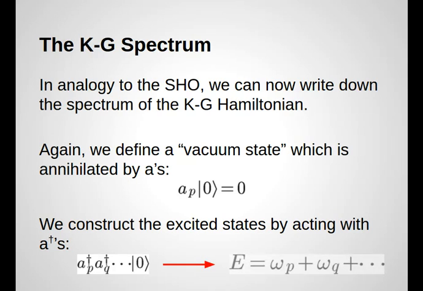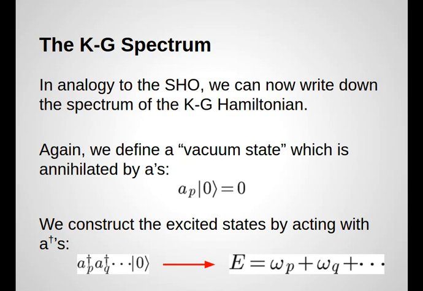If I construct some multiple object state by operating with different A daggers, what I find is that the energy of that state is just the sum of the energies for each of those momentum configuration points.